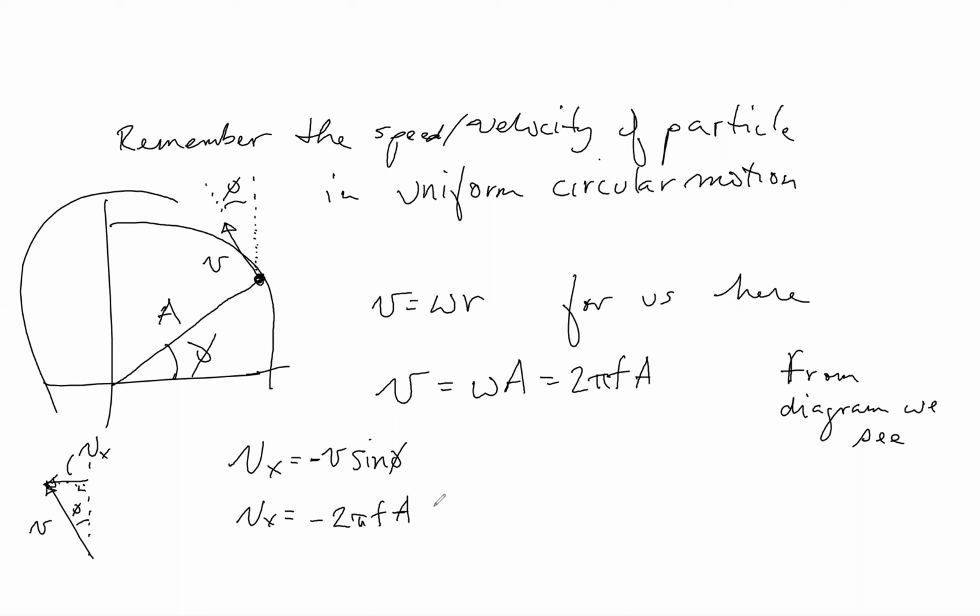Then I have sine of phi, but that is equal to 2 pi f times t. Now that's starting to look like a pretty complex function, but if I remember that omega equals 2 pi f, then I can replace these 2 pi f terms and write that V sub x equals minus omega times A sine omega t.